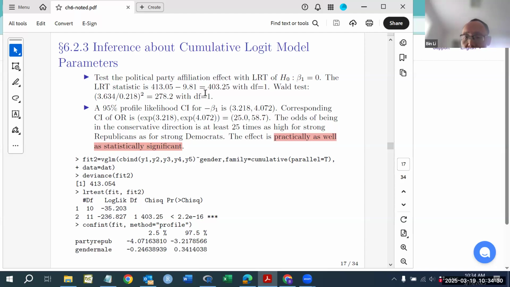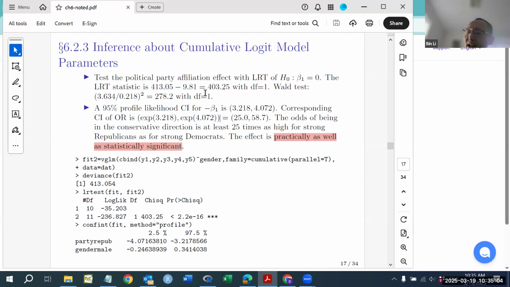We set the last one as the baseline group, and all the other groups are compared with the baseline group. For each pair, we fit a logistic regression model, and then we can estimate the probabilities just like we did in logistic regression, and we can interpret the results, okay?